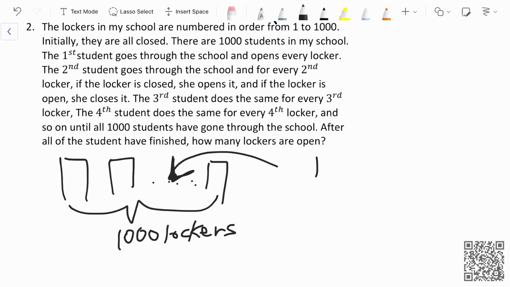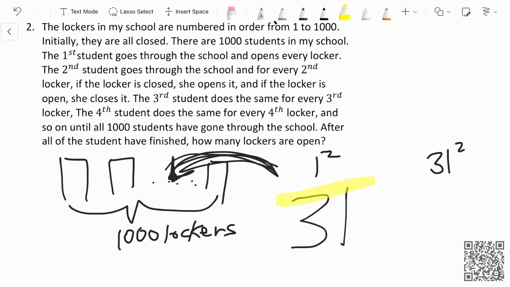It's 1024, so we're looking for something slightly under that, which would be 31's perfect square. So there are 31 perfect squares from 1 to 1,000, which is quite a lot less than you might expect. That means there are 31 lockers that are still going to be open after this entire ordeal is over.